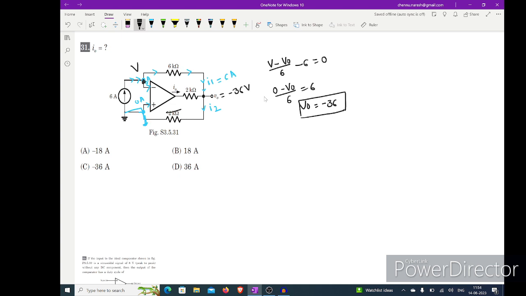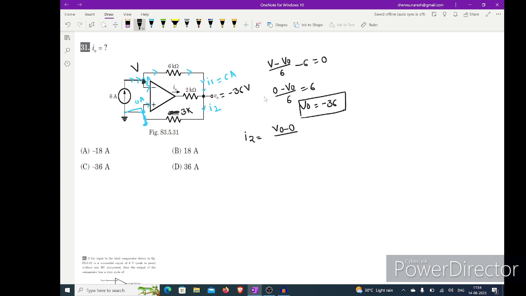Actually this is 3 kilo ohm. So here we know the V naught. So this current we can find, this is 0 and this is V naught. For this current, I2 is nothing but V naught minus 0. This is a simple one, current equation.